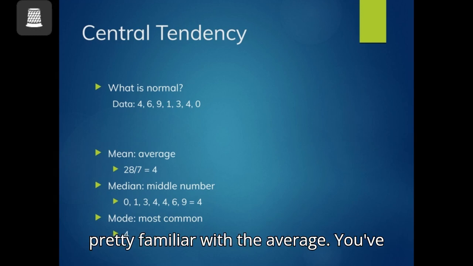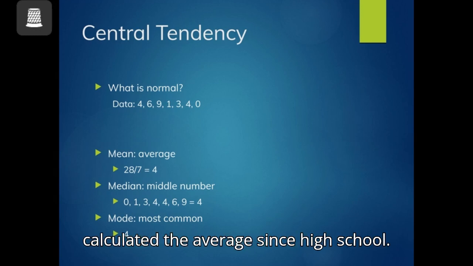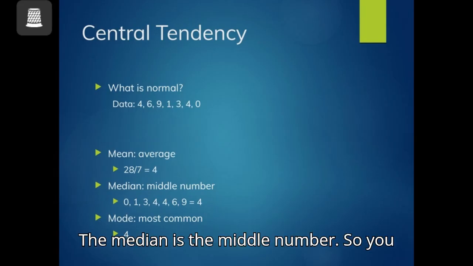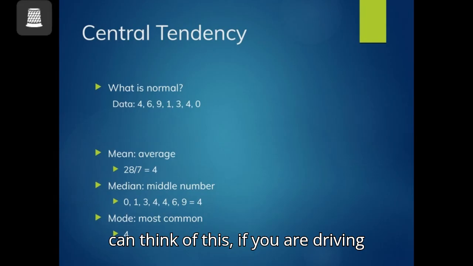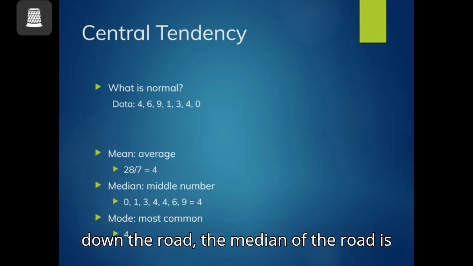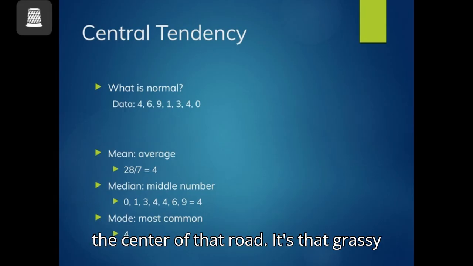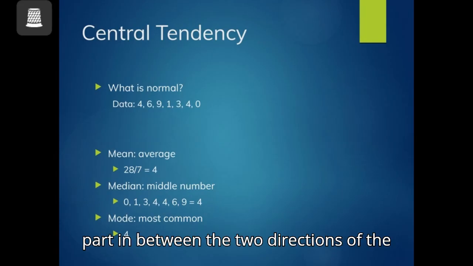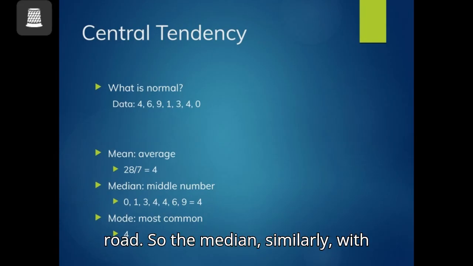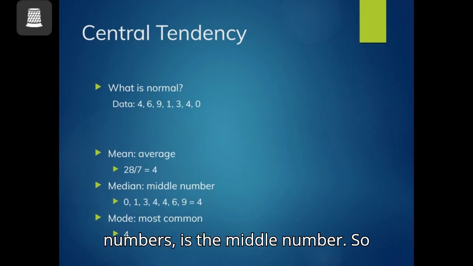So you should be pretty familiar with the average. You've calculated the average since high school. The median is the middle number. You can think of this, if you are driving down the road, the median of the road is the center of that road. It's that grassy part in between the two directions of the road. So the median, similarly, with numbers, is the middle number. So I put them in order by number.